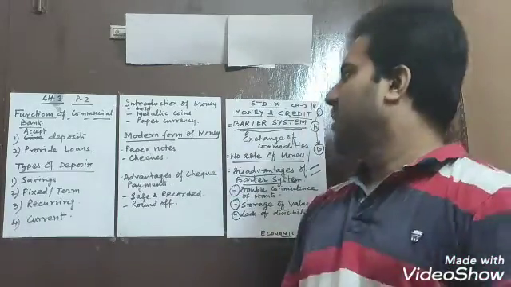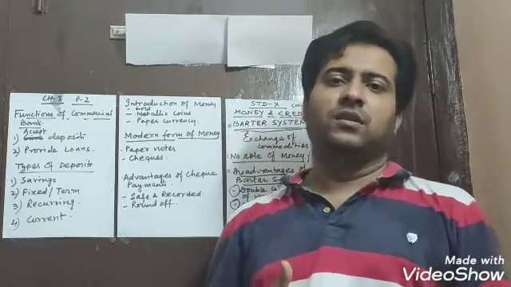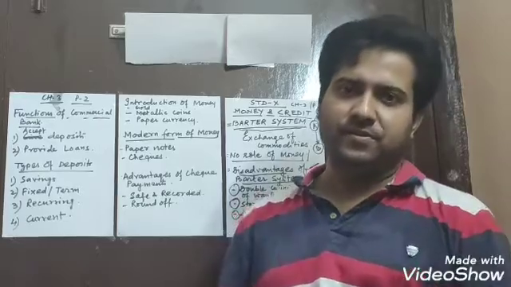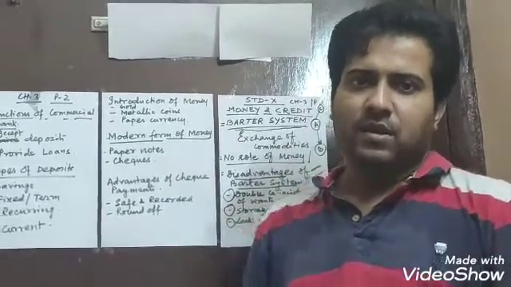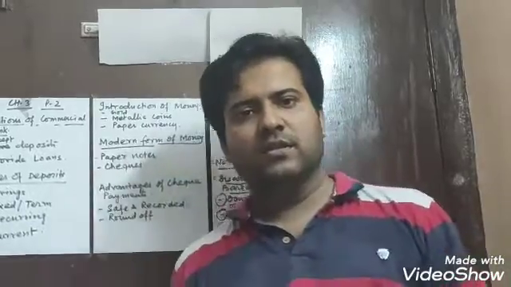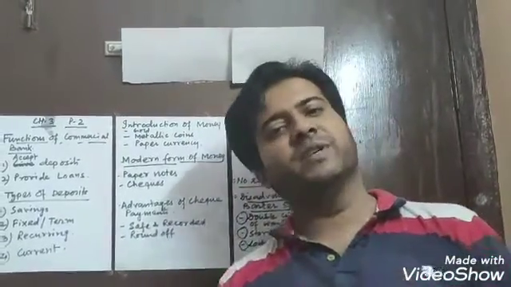Now, after that, with the paper currency notes, the modern form of money came into existence. The modern form of money, the paper notes, became one of the most popular mediums of exchange.